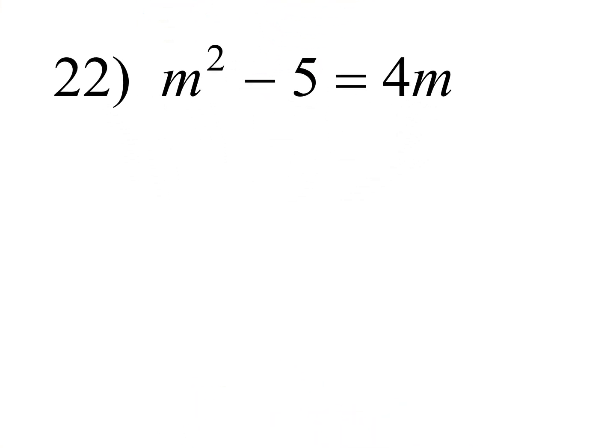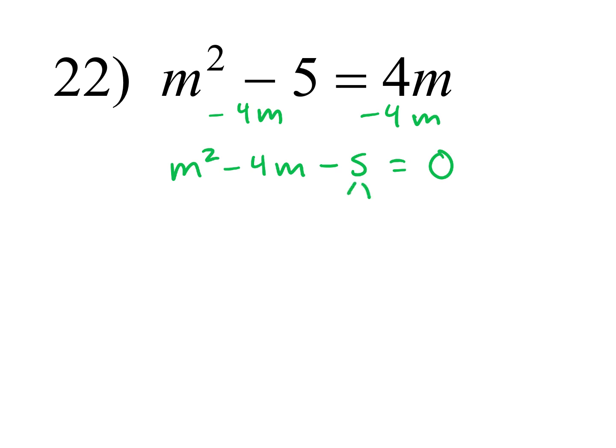What should I do first for 22? Minus 4m, because we want to get everything to one side. So I have m squared first, then what comes next? Negative 4m, then minus 5 equals 0. What are two factors of negative 5 that add to negative 4?